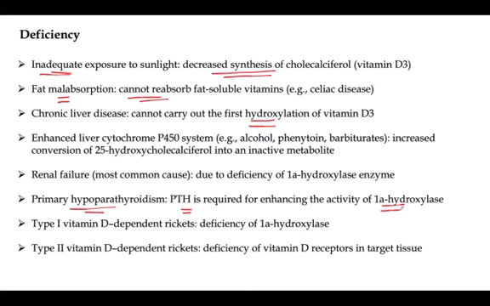So this is a summary of vitamin D deficiency. Of course, I didn't mention one aspect, that is deficiency by dietary deficiency of vitamin D, which happens of course in countries which are financially not well off, where the deficiency is observed mostly in children, because vitamin D is required more in children because of increased bone mineralization.